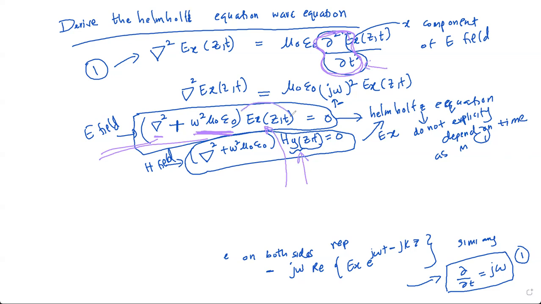So the Ex component, of course, has a time component in here, but what we mean by explicitly not depending on time is that the equation is not built on those time dependency operations. So these terms are not dependent on time, right?